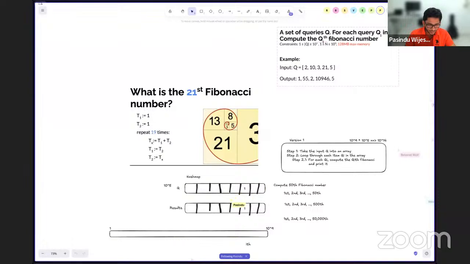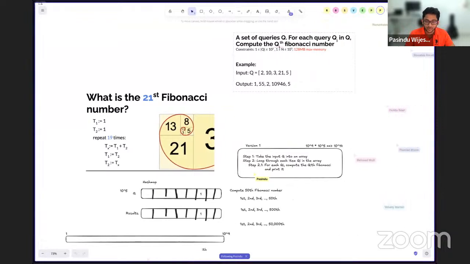This is an optimization that allows us to be efficient on memory, and in comparison to version 1, it's also efficient in terms of runtime, because we are not going to execute this Fibonacci computation for each and every query. So that's how we would approach this problem here.